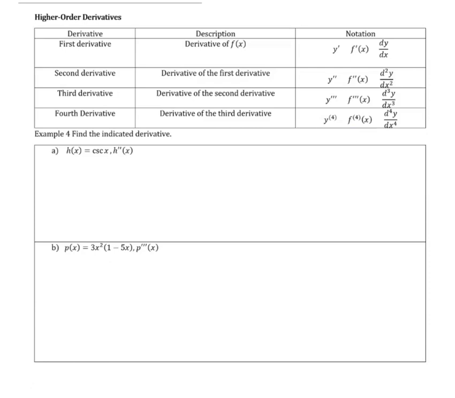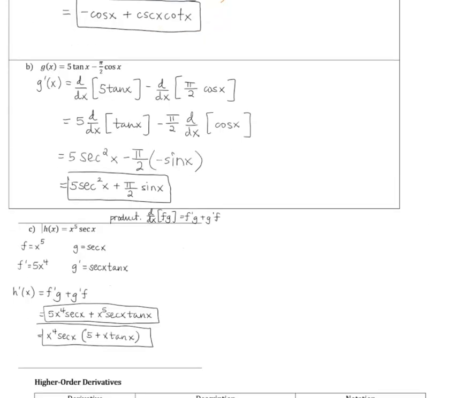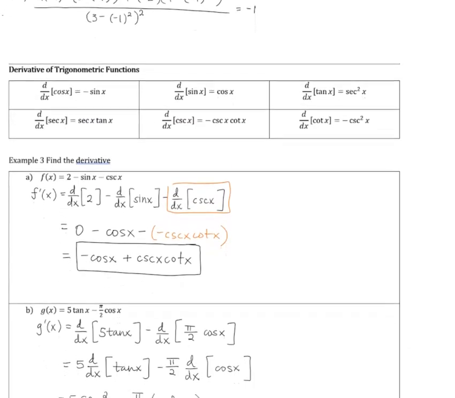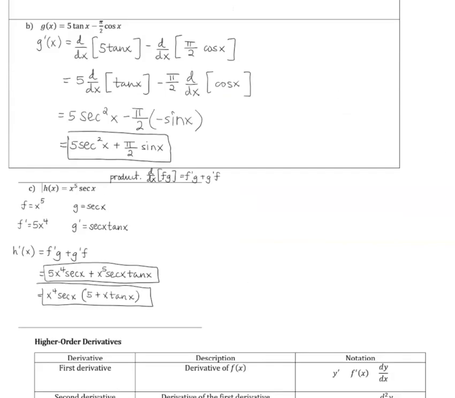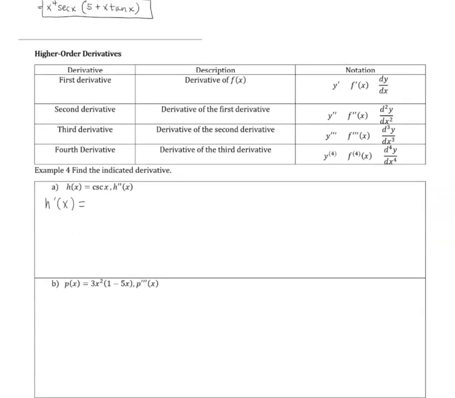In example 4a, we are being asked to find the second derivative of the function h of x is equal to cosecant x. To find the first derivative, which is where we start, I'm going to be using the derivative rule for cosecant x, which is negative cosecant x cotangent x.